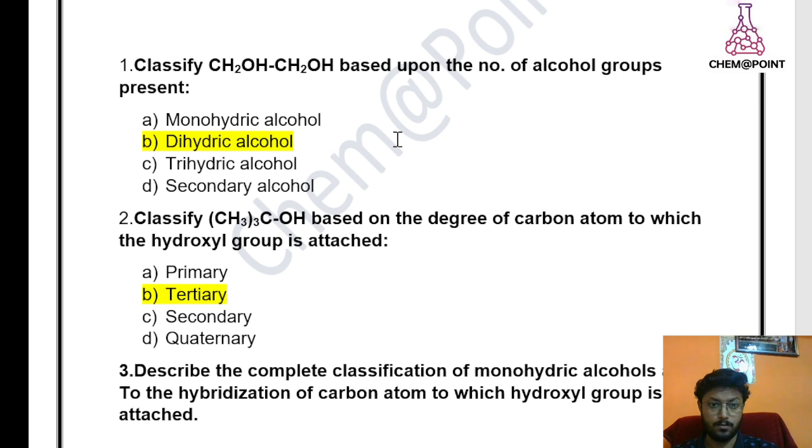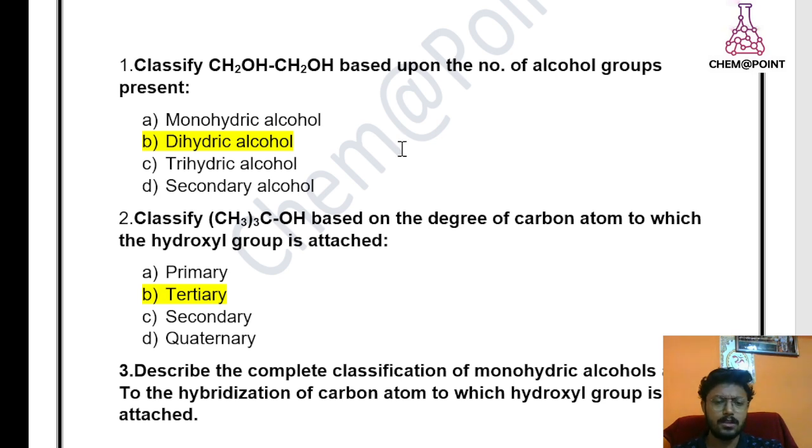So look at the options: the first option is monohydric alcohols, second dihydric alcohols, third trihydric alcohols, and the last option is secondary alcohols. So it is a dihydric alcohol because two OH groups are attached to adjacent carbon atoms. Got my point?